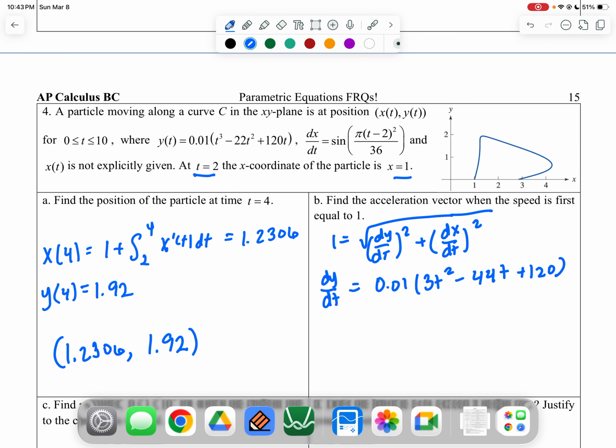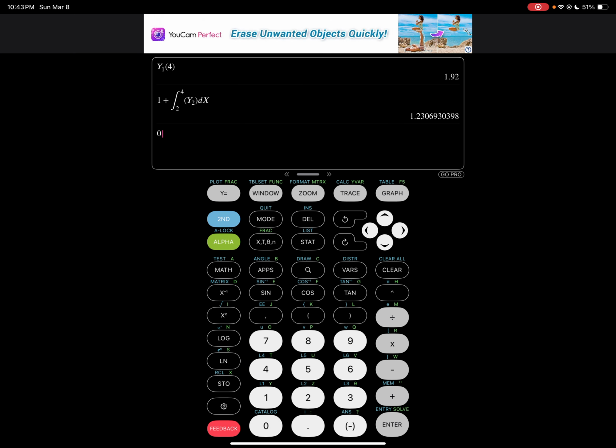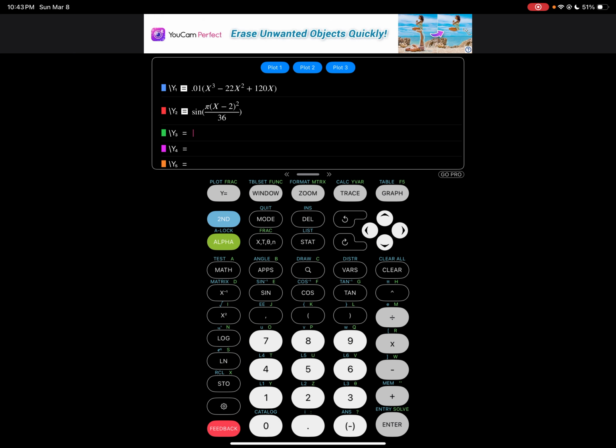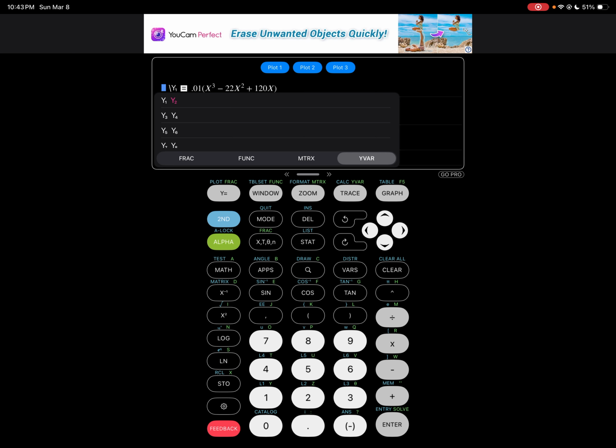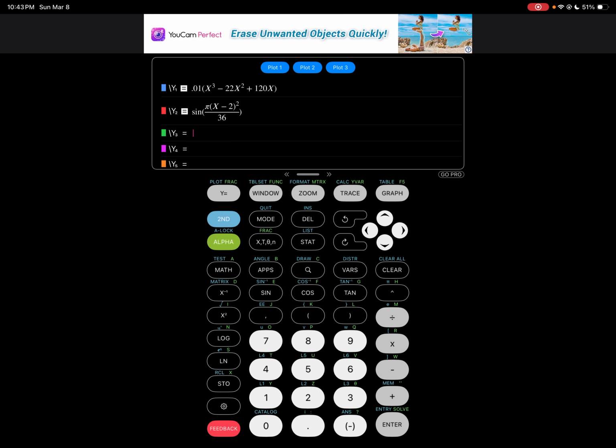Actually, no, let's not do that, because what I've seen is that if you actually type this in, it's going to be much quicker than doing math 8 and then y1 of x is equal to x.